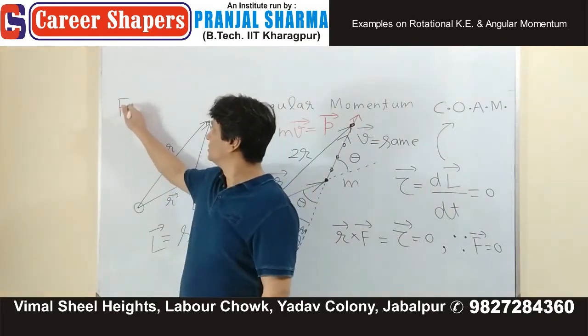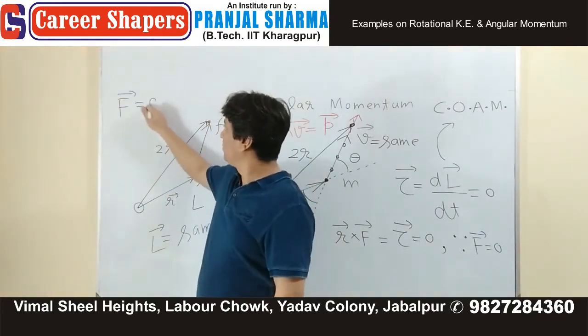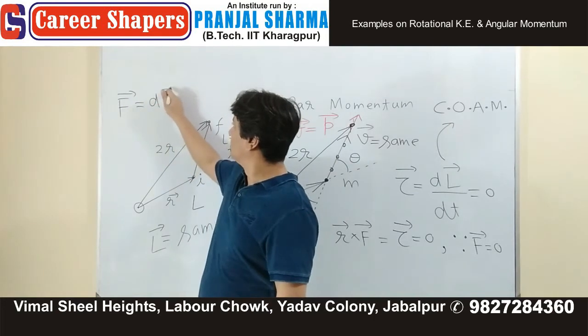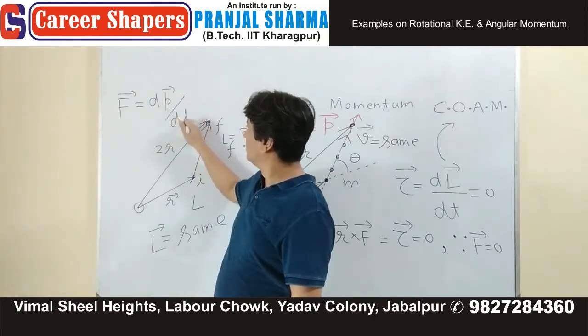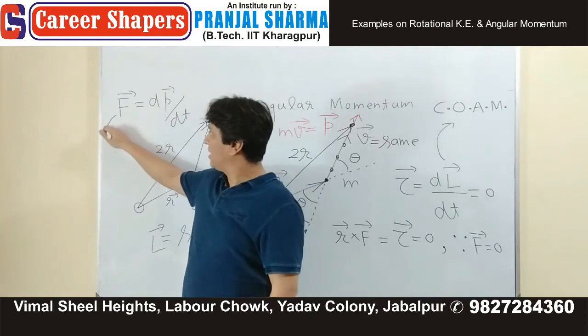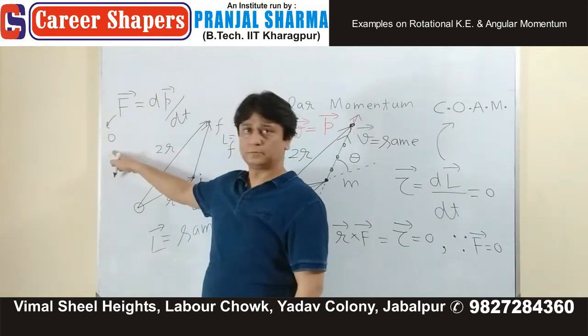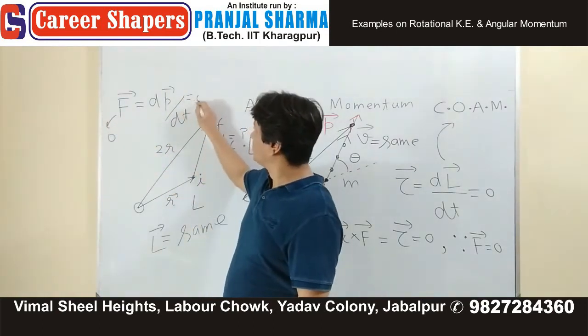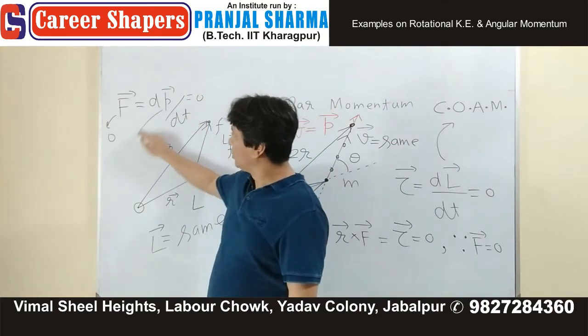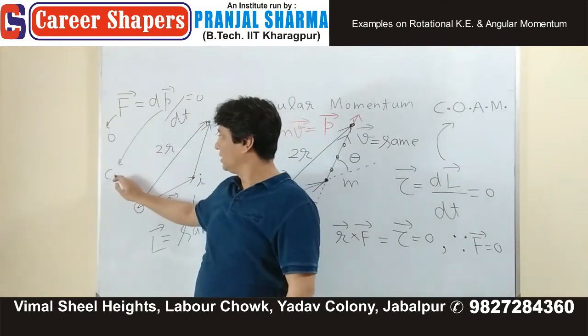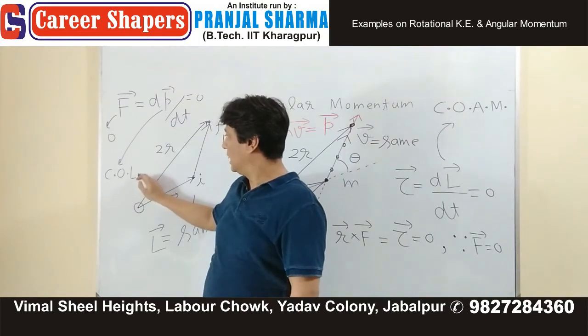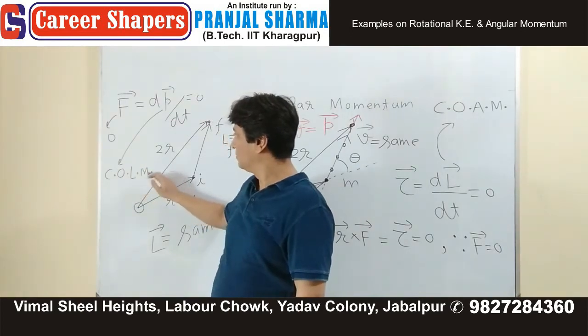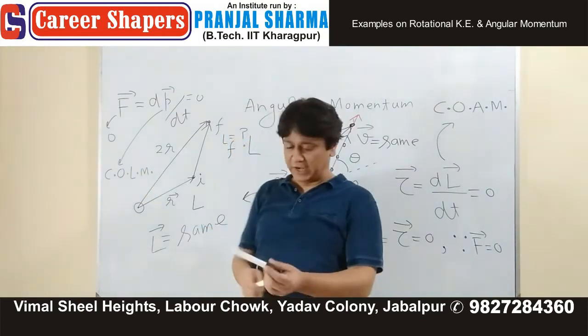F was dp by dt. If F is 0, dp by dt is 0, and then we use what? COLM. Conservation of linear momentum.